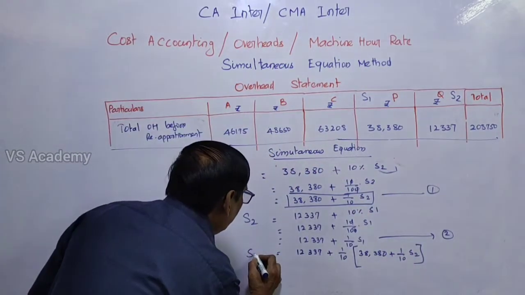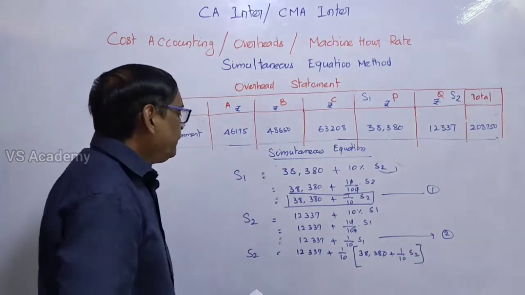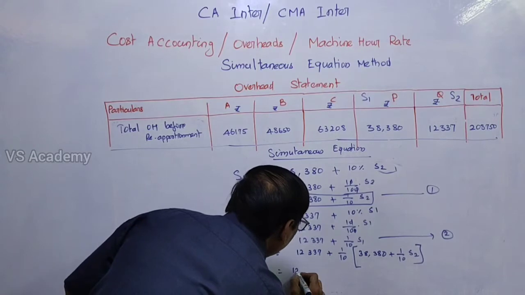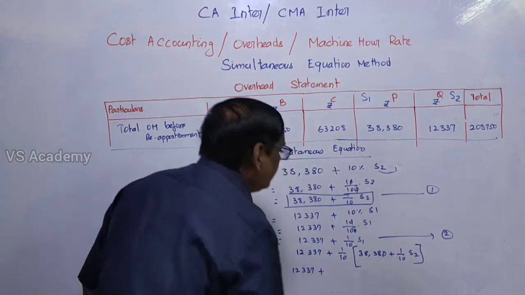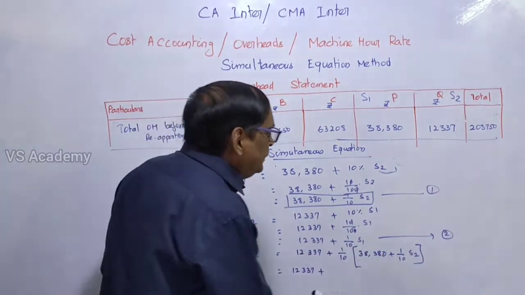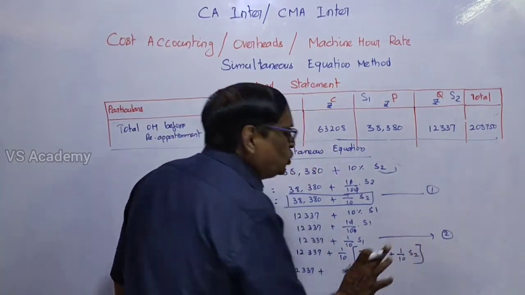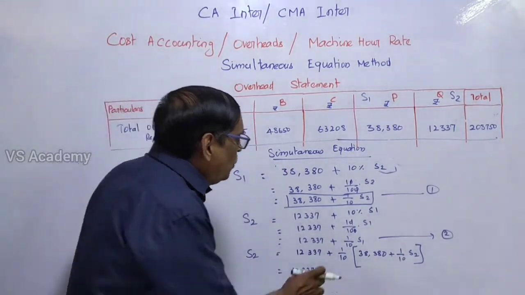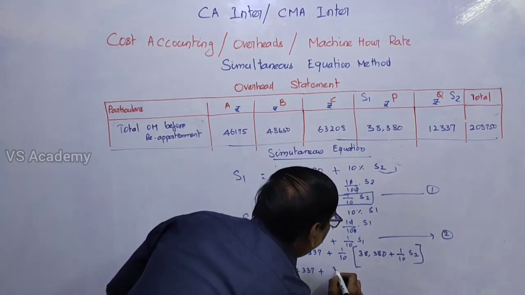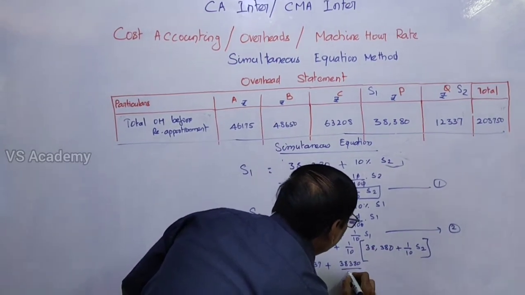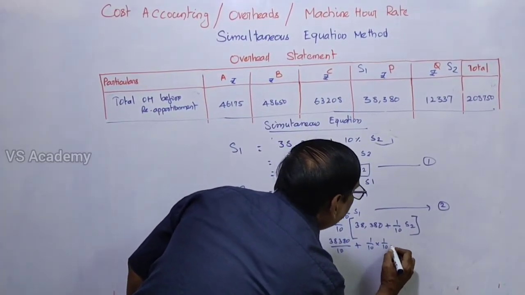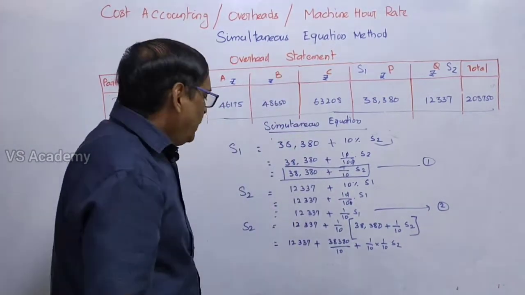So here there is always one S2. If you simplify, you can take it as 12,337 plus 38,380 by 10 and then 1 by 10 into 1 by 10 S2. We can expand like this. So if we divide 38,380 by 10, and then 1 by 10 into 1 by 10 S2, what will it come to?